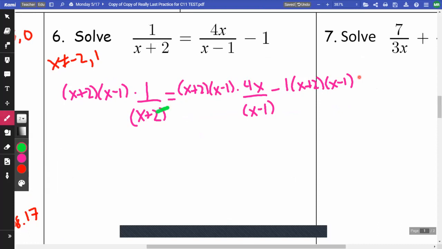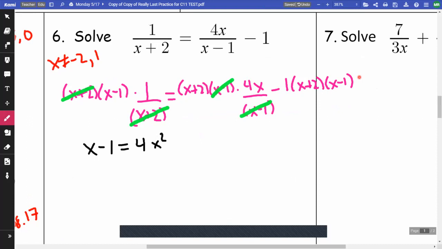So this x plus 2 cancels, this x minus 1 with this x minus 1, and I am going to end up getting x minus 1 is equal to, when I distribute this, 4x squared plus 8x, and minus, and then I'm going to work this out, put it in parentheses, so that's going to be an x squared plus 1x, or just x minus 2, and then let's distribute.